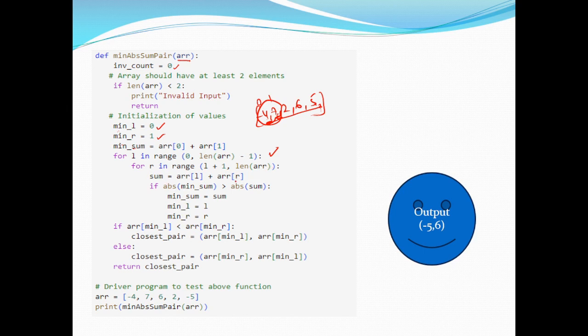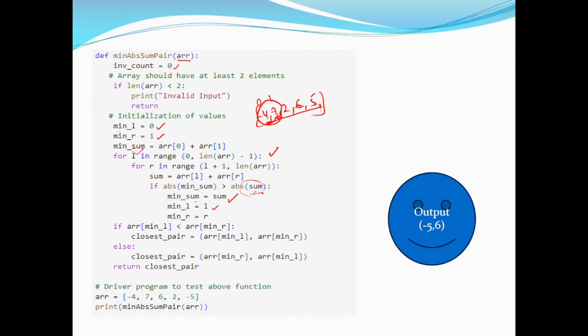Now we calculate the sum, and after that we compare it with the sum we already calculated. If the absolute sum is less than the minimum sum, that means we are getting closer to 0, so the minimum sum will be assigned this value, minimum L will be L, and the indexing will also be changed. Now we will execute all these loops, and after that we will get the pair.